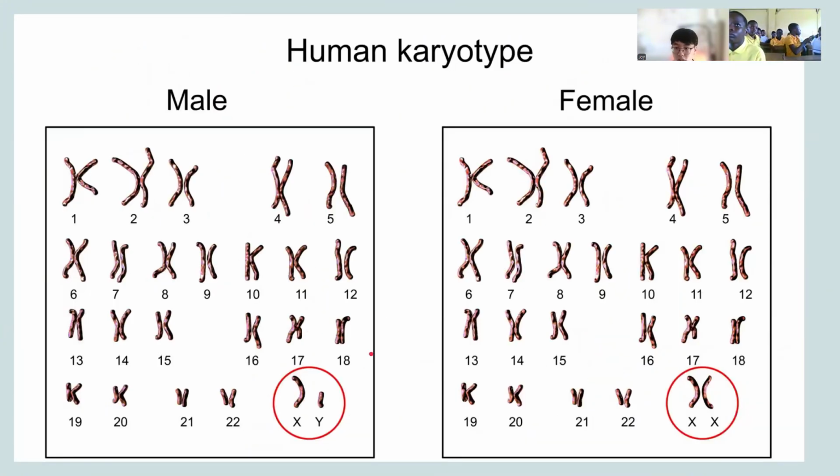So you can see the difference here, male versus female. Males have XY, and females have XX. And the 23rd pair, these are all paired up.